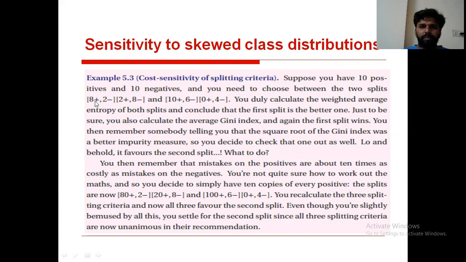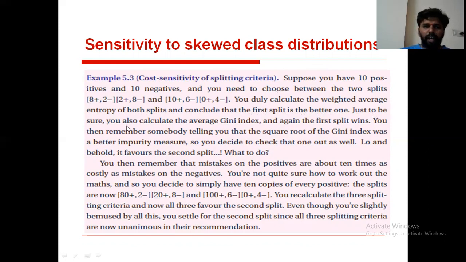The splits are, see, 8 positives and 2 negatives, 2 positives and 8 negatives, right? And 10 positives and 6 negatives, 0 positives and 4 negatives. Observe this. If you calculate the weighted average entropy of both splits, you conclude the first split is the better one.